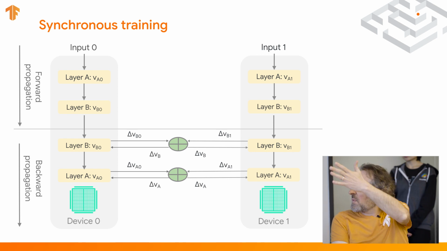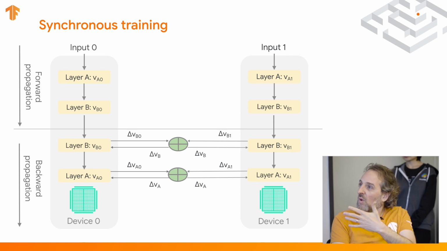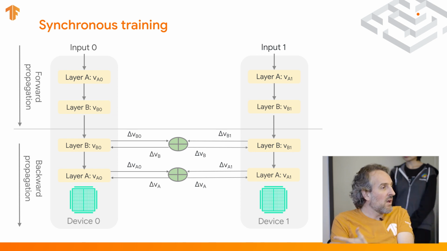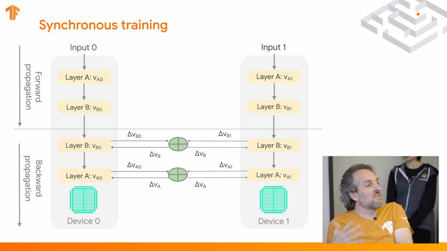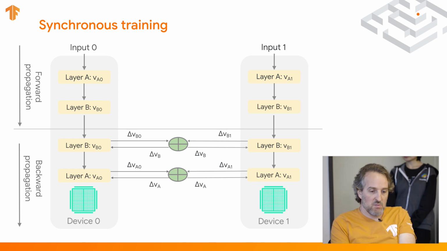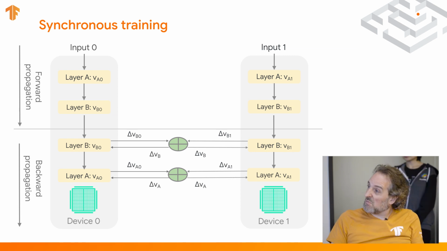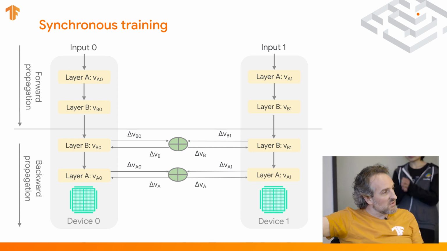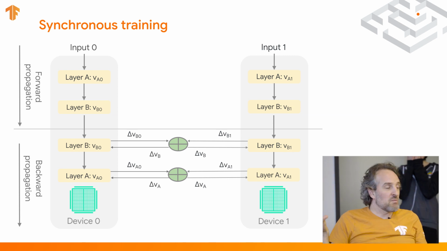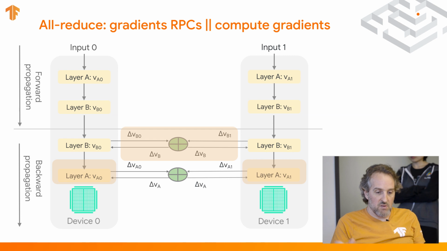So the next forward pass can start immediately. There's no delay waiting for the values because by the end of the step we have local copies of all updated values for all of the variables. Furthermore, we can get some parallelism here by overlapping the all-reduces of the gradients from one layer with the computation of the gradients of other layers.